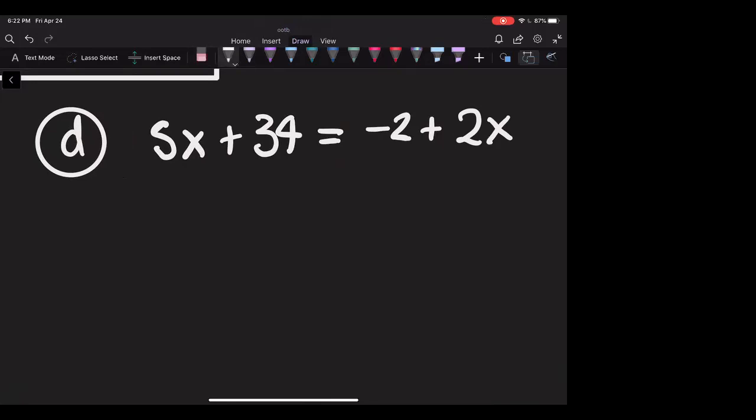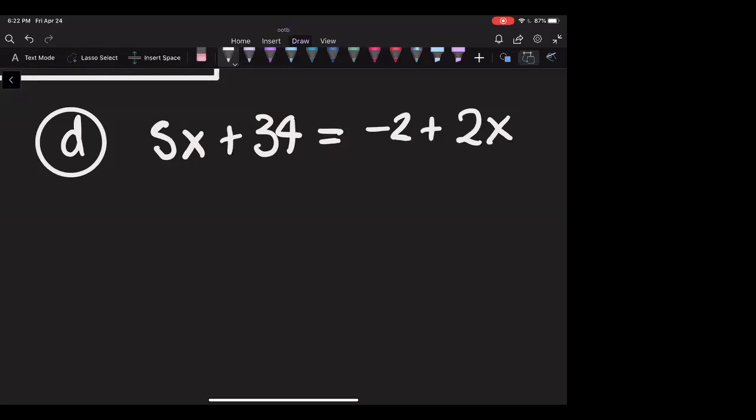So this 2 is negative, right? Yes. So then we do addition to the 5. No. Okay.